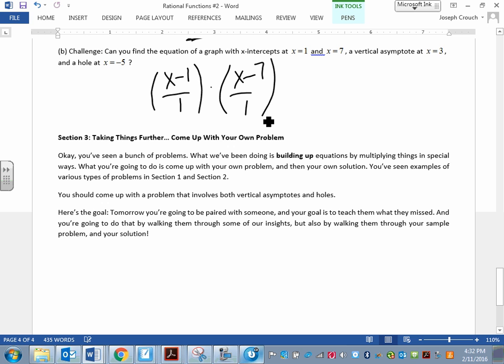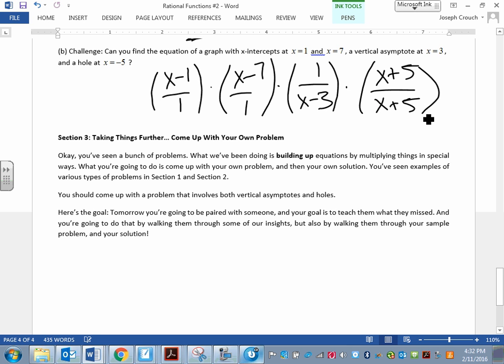Great. Now let's multiply by something to get a vertical asymptote at 3: 1 over x minus 3. And then finally, let's add in a hole at -5. So times x plus 5 over x plus 5.